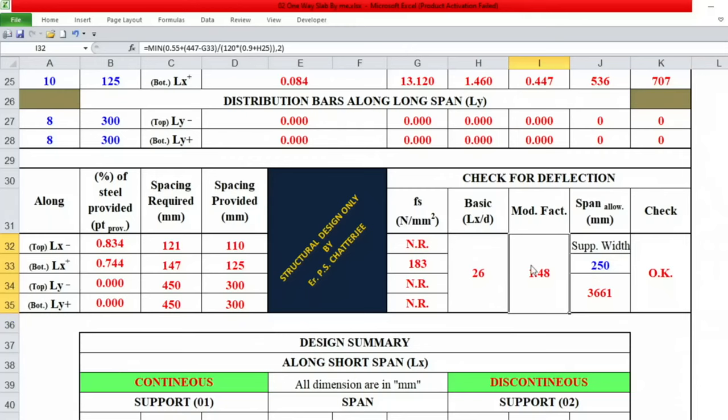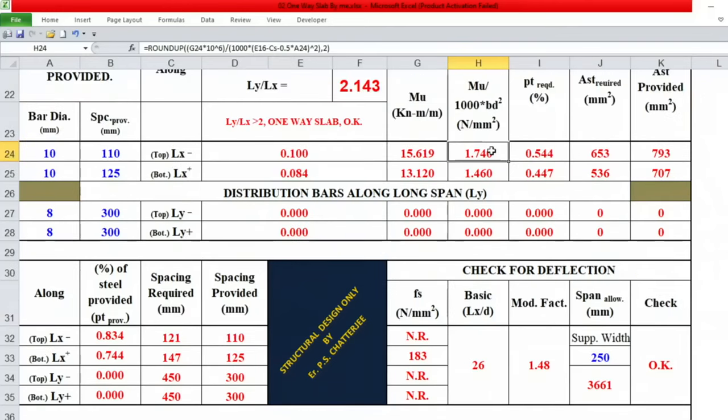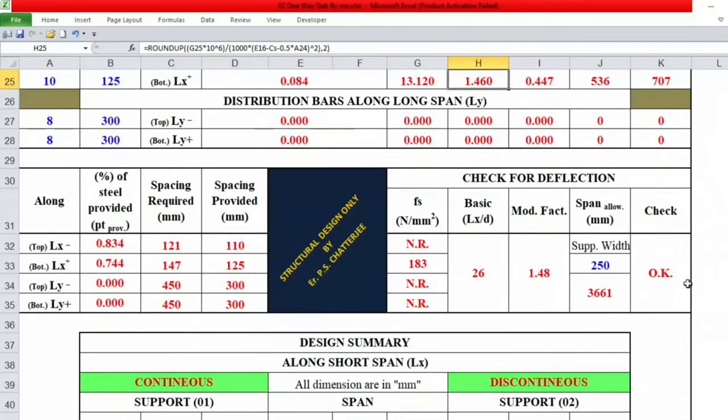For the modification factor we have used this formula: a minimum of 0.55 plus 447 minus G33, that is Fs, G33 divided by 120 into 0.9 H25, that is Mu by BD square of midspan.